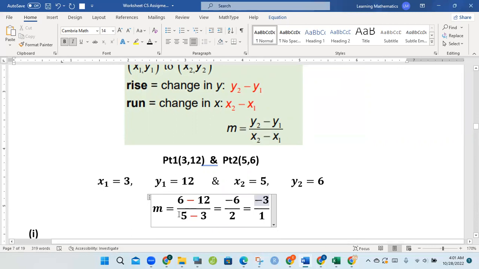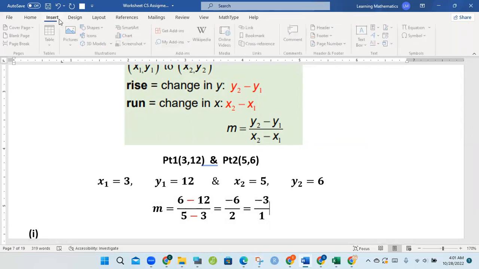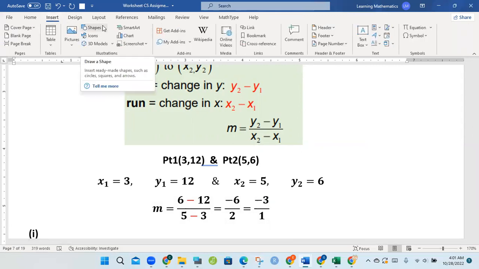When you interpret gradient, you always refer to when x is increasing by 1, because when you calculate gradient there'll always be a 1 in the denominator. So when x increases by 1, y decreases by 3. You can use that as an interpretation of gradient. Let's even write it there.